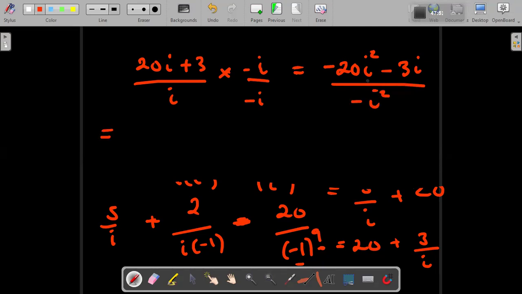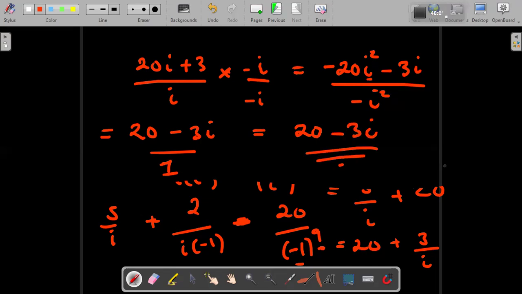There's negative i squared here, I can replace with negative 1. So that will be negative 1 multiplied by the negative there to be positive 20. Then I'll have minus 3i. Negative, multiplied by that to be positive. So you divide by positive 1. Then you get 20 minus 3i. This is the final answer.